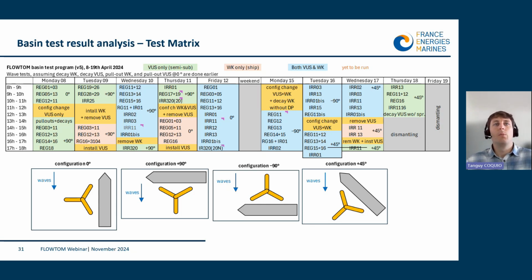As mentioned by Benoit, we needed to change the mooring point, for example, underwater, which was kind of tricky because we needed divers to do so. We looked at 4 configurations between the floater and the vessel, named 0, 90, -90, and 45 degrees. As you can see, depending on the orientation, the vessel can act as a shelter or as a reflector of the waves compared to the floater.